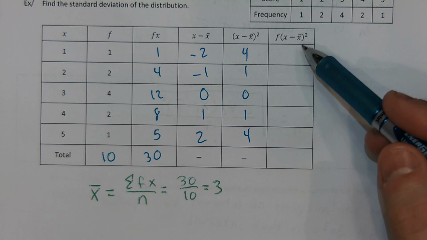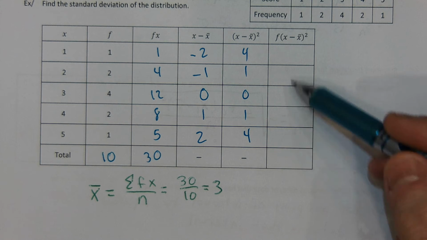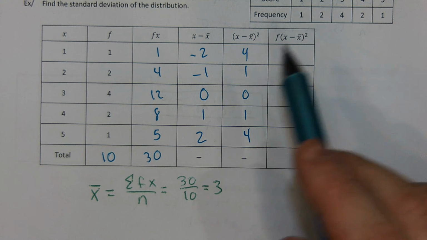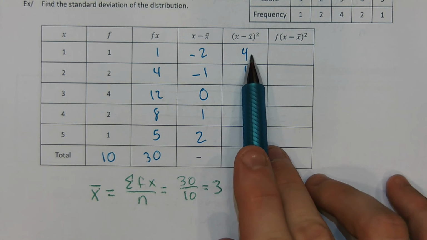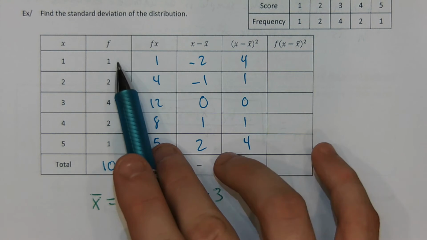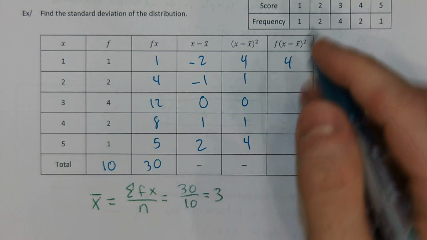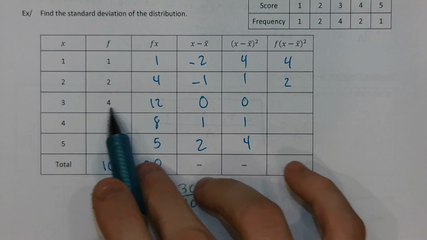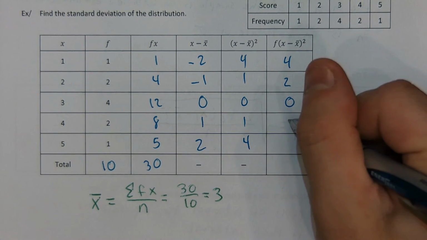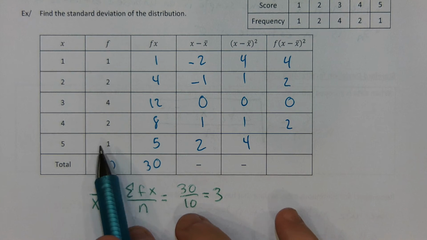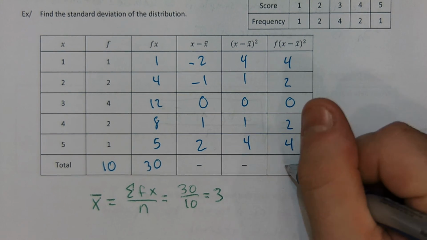And then this last column is, once again, a product column. It's the product of the frequency and this squared term. So 1 times 4, 2 times 1, 4 times 0, 2 times 1, and 1 times 4. Adding straight down gives us 12.